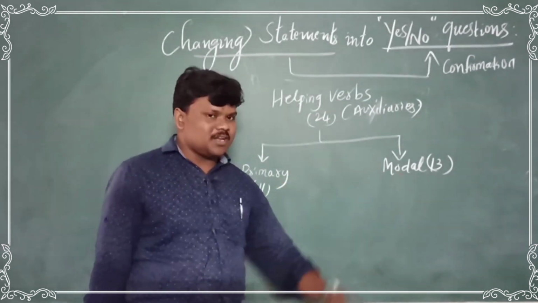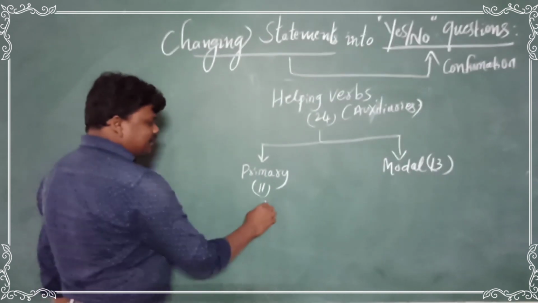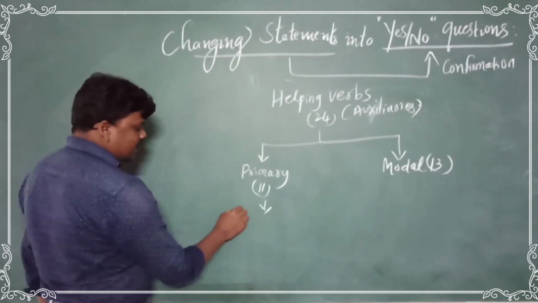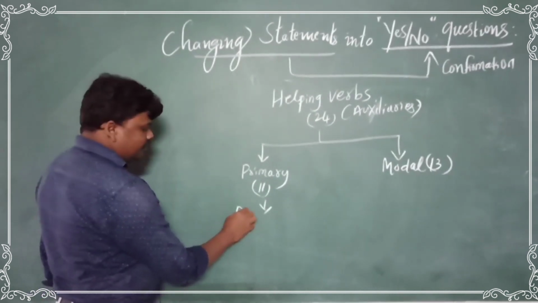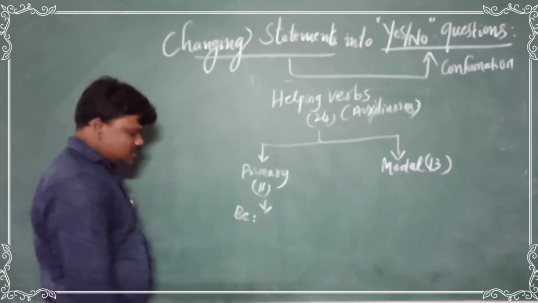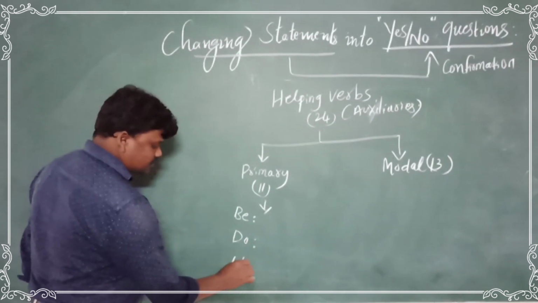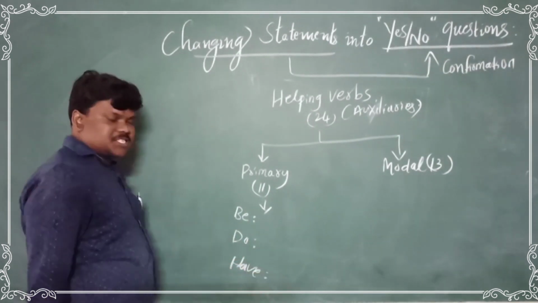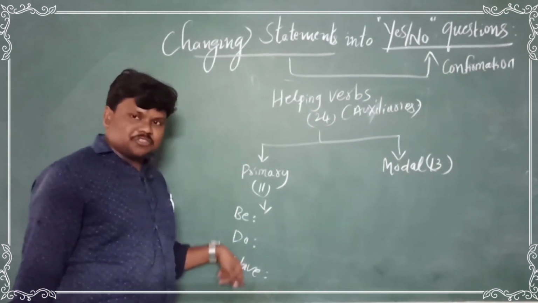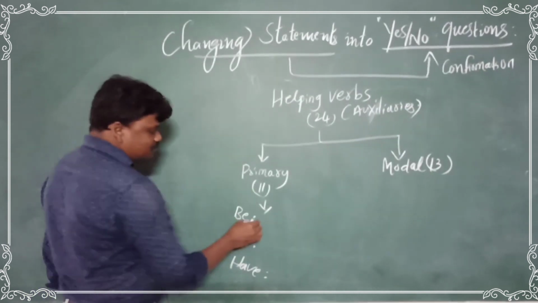Primary, modal. And primary is again divided into three types: be forms, do forms, have forms. What are be forms?